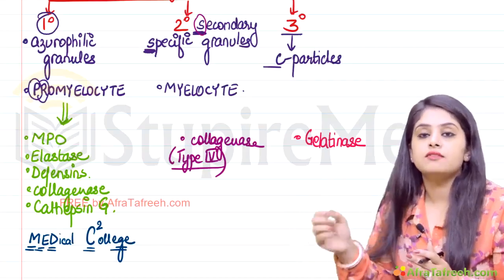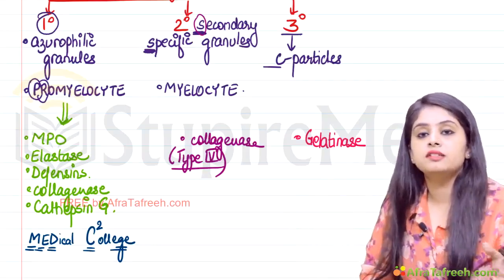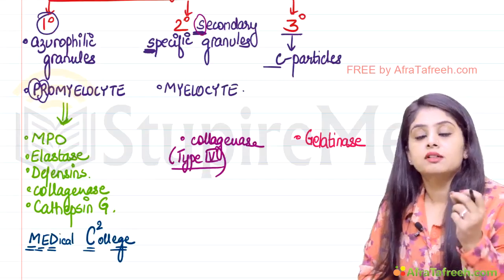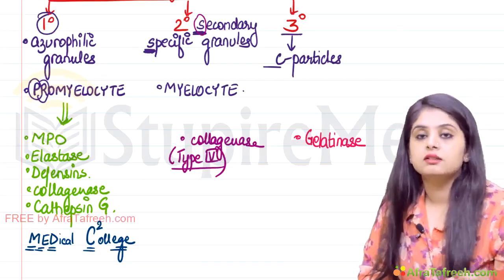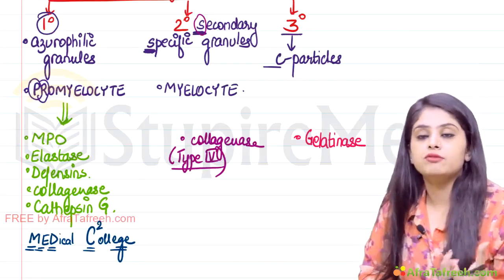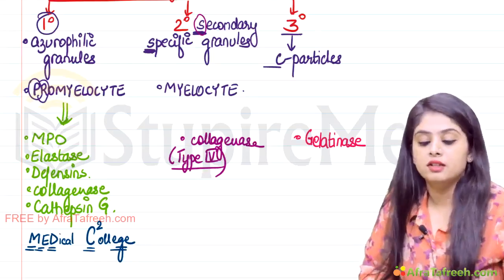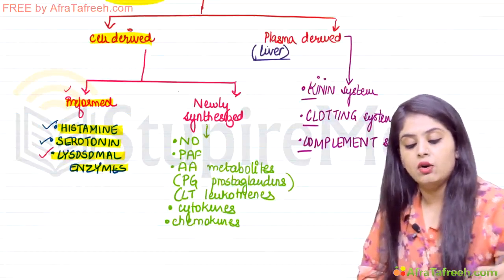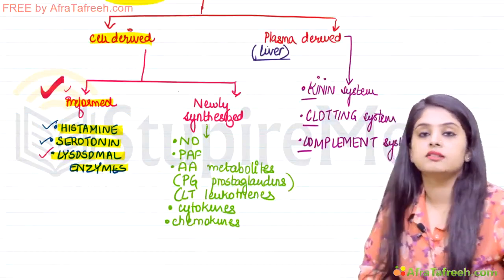So third letter in the alphabet, C, C particle. Primary granules release medical college. That is the mnemonic you need to remember. Secondary or specific granules are going to release specific collagenase, that is type 4, and tertiary is going to release the gelatinase. So with this we finished one very important category of cell-derived mediators, that is the preformed mediators.